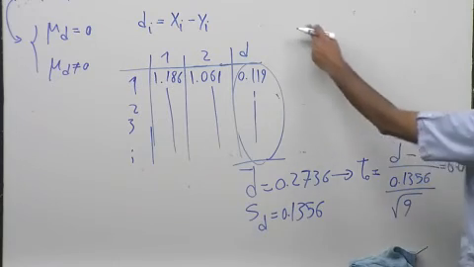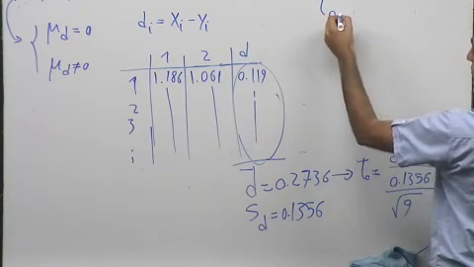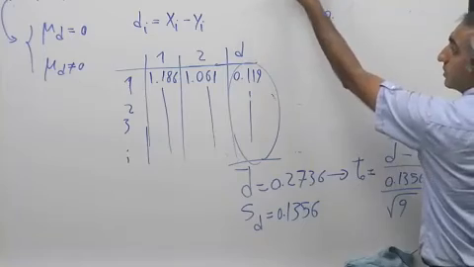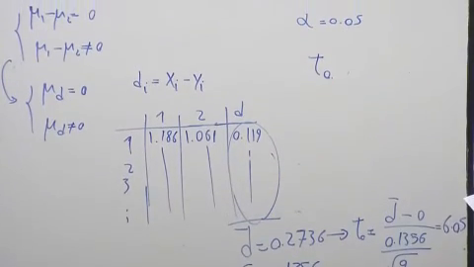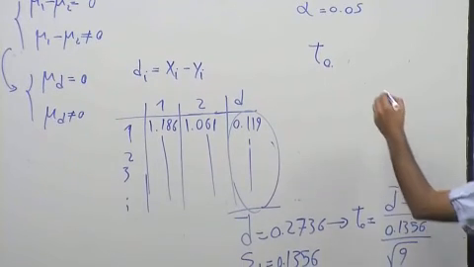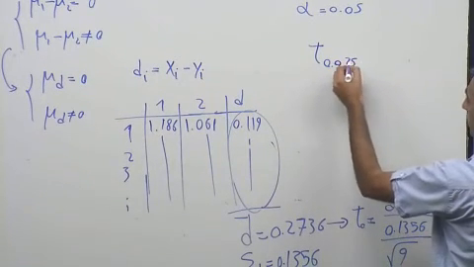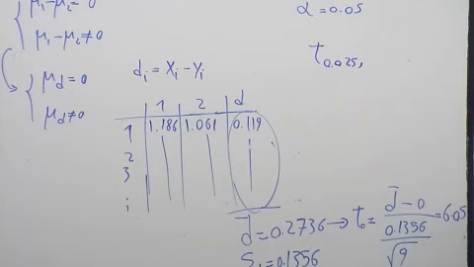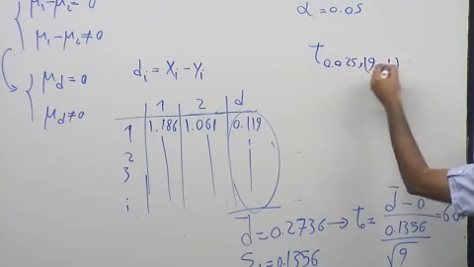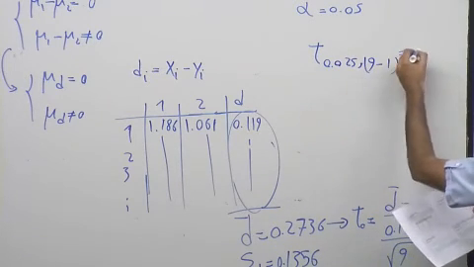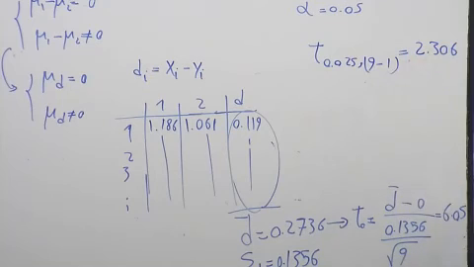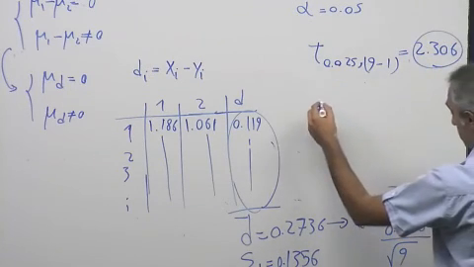So I need to compare it with t of alpha over 2, because alpha is 0.05. It's not given there, but we assume it's 0.05. t 0.025. What is the degrees of freedom here? 9 minus 1, which is 8. With 8 degrees of freedom, this is 2.306. So we compare this one and this one.